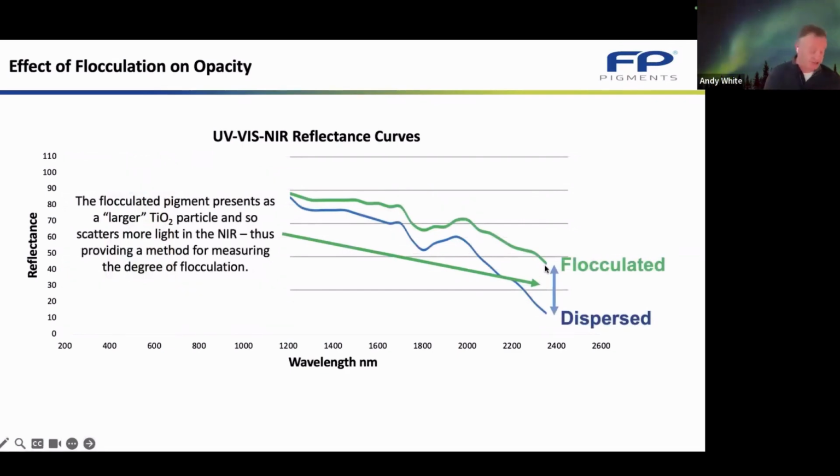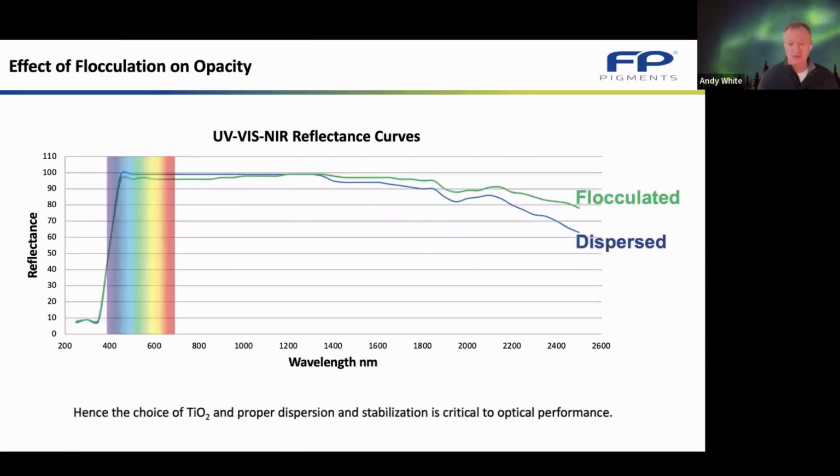And Venator, when they were making titanium dioxide, developed a method for measuring flocculation by looking at the near IR performance of TiO2, the flocculation gradient, they used to call it. But essentially, the big conclusion is that you have to have proper stabilization and dispersion of the TiO2, whether it's solvent-based or water-based, in order to get the value from the product which you purchase.